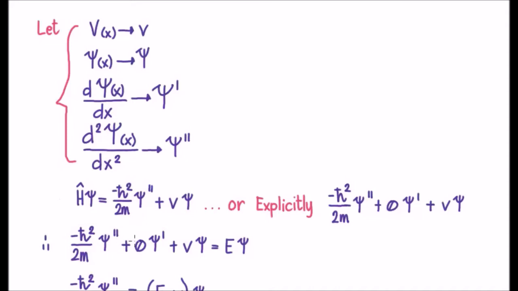We're implying x. There is no first derivative term, but just for clarity, I've put in the fact that its coefficient is 0. We have the 0th derivative, or just psi itself, multiplied by the potential energy, and then we have the same thing multiplied by the energy eigenvalue here. So I think this is a neater way of representing the differential equation.